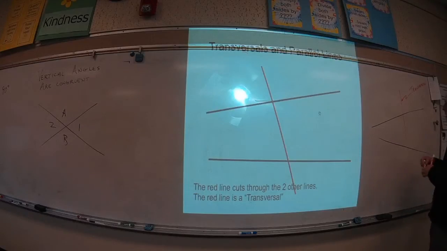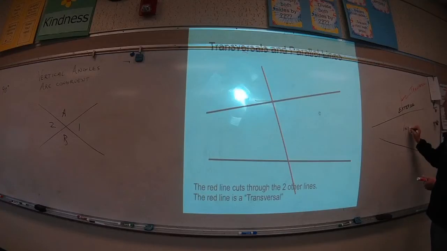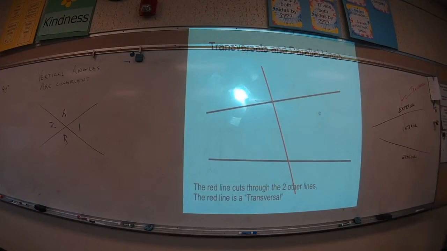So this is exterior. And this is interior. This is exterior. Interior and exterior. That's still all in that box.